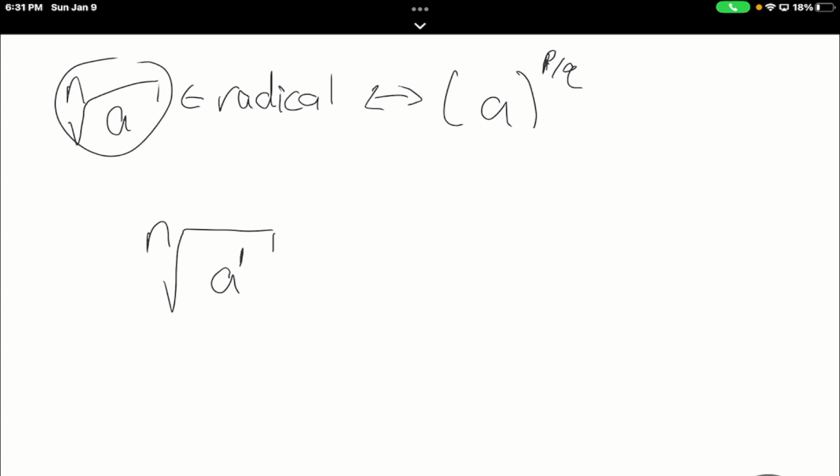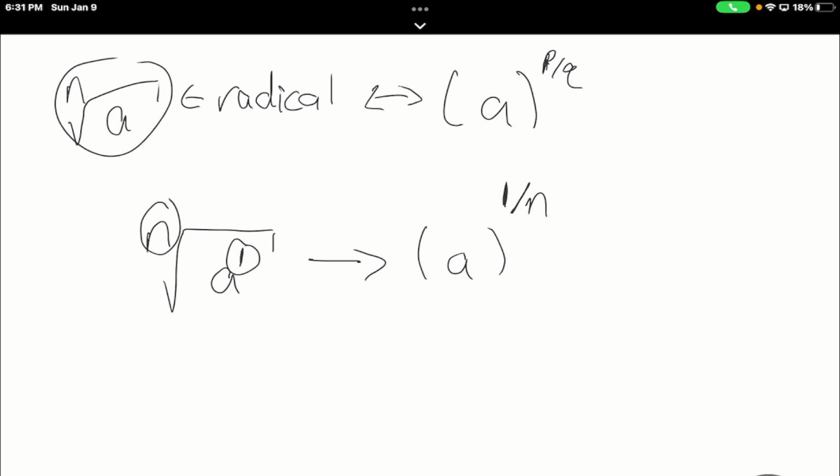I can change this into A, which is still inside, but I'm going to put parentheses instead of a radical now. I'm going to take the power of A, which in this case is 1, and put it on the top. Then I'm going to divide by the index.